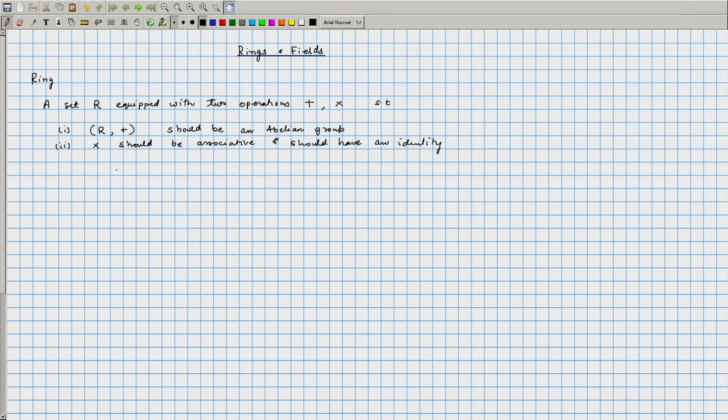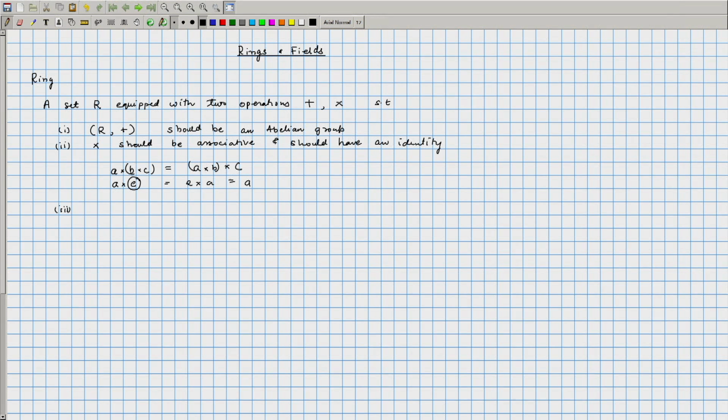So, that would mean if you have elements A, B and C, (A times B) times C should be equal to A times (B times C), and there should exist an element E which can act as the multiplicative identity. So, A times E should be equal to E times A, which should be equal to A. There should exist an element of this kind.